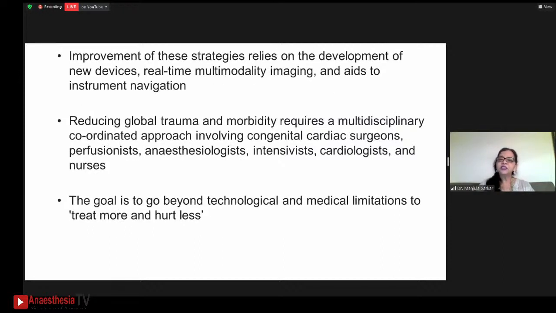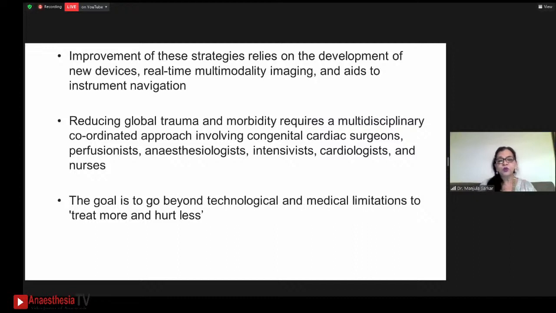Improvement of these strategies relies on development of new devices, real-time multimodality imaging, and aids to instrument navigation. Reducing global trauma and mortality requires a coordinated multimodal approach involving congenital cardiac surgeons, perfusionists, anesthesiologists, intensivists, and nurses.